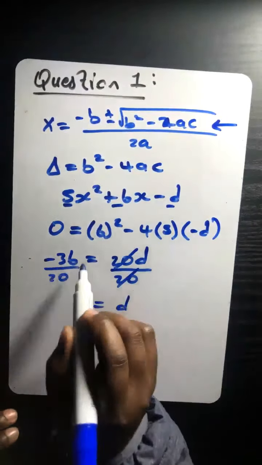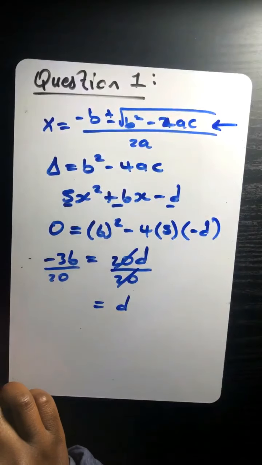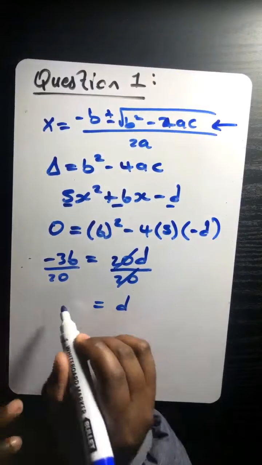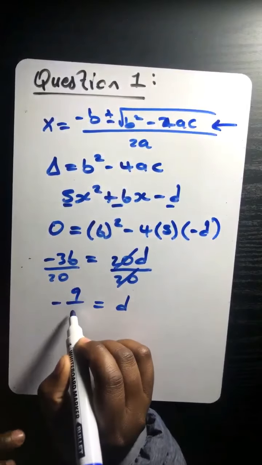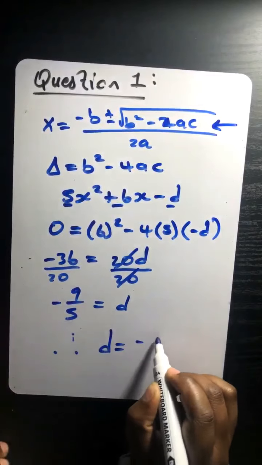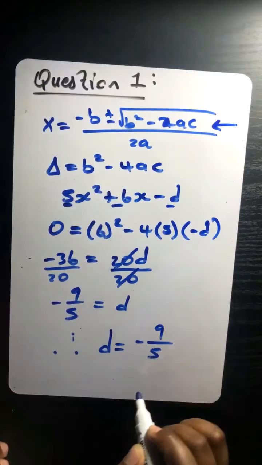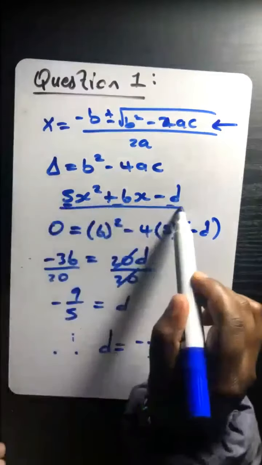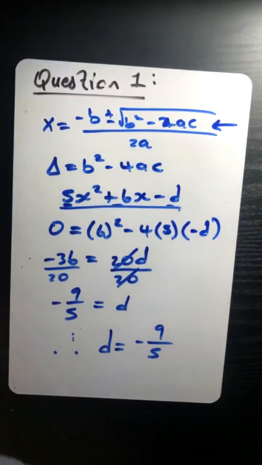So your D is going to be equal to, let's punch all of that, negative 36 over 20, which is the same as negative 9 over 5. So in short, your D is actually negative 9 over 5, where the whole equation has equal roots.